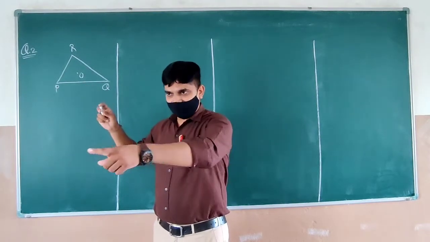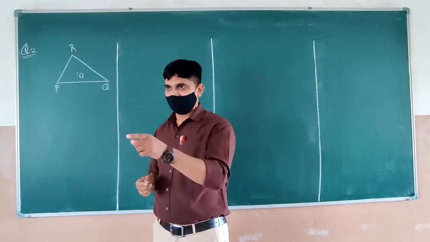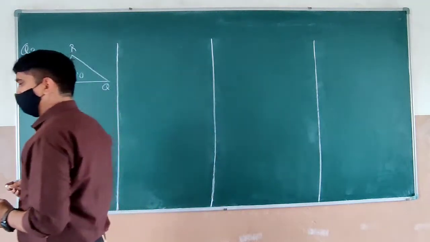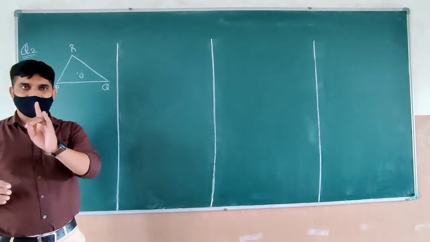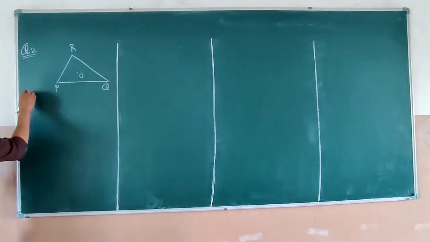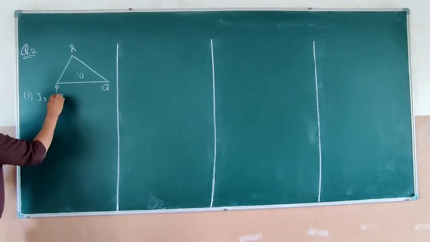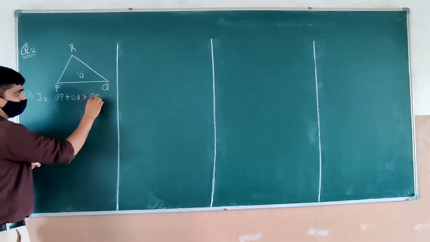Now, next question: is OP plus OQ equal to PQ? We will take one by one. Each one we will take one by one. First one is OP plus OQ greater than PQ, right?